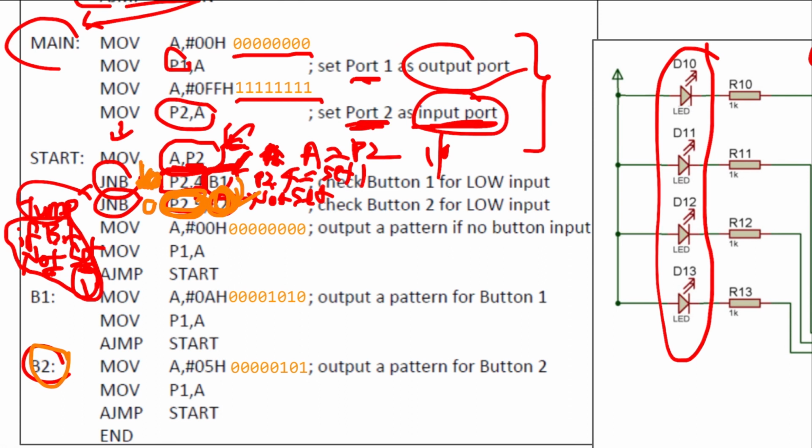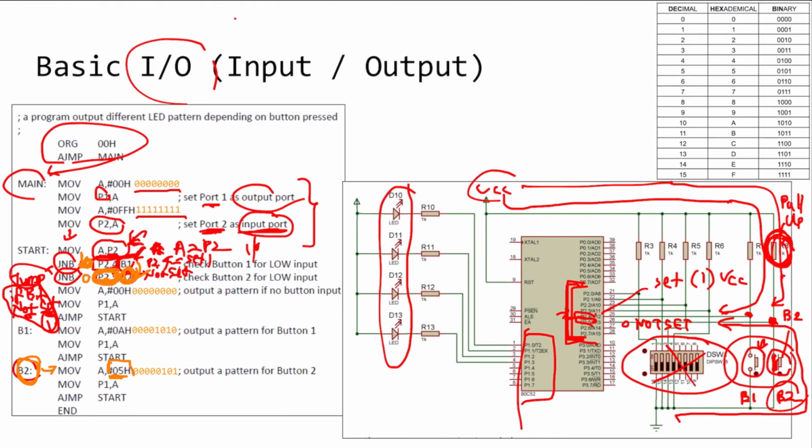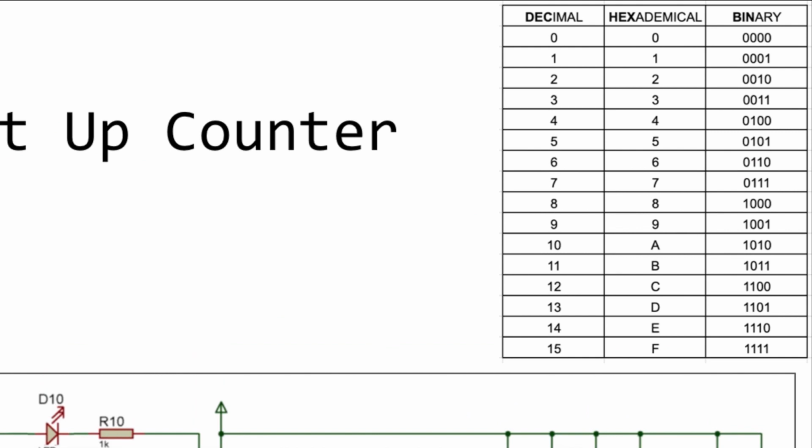Okay, so now let's say that we have jumped over here, because P2.5 is not set. Now we'll run the program starting from here. It will move 05H into A. 05H is hexadecimal. So if we look over here, hexadecimal 0 is 0000, and 5 is 0101.